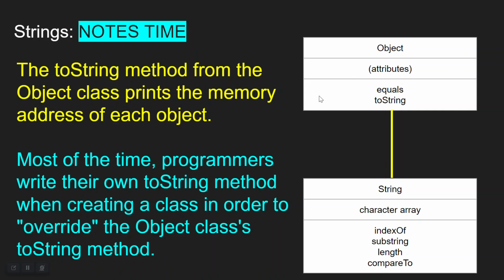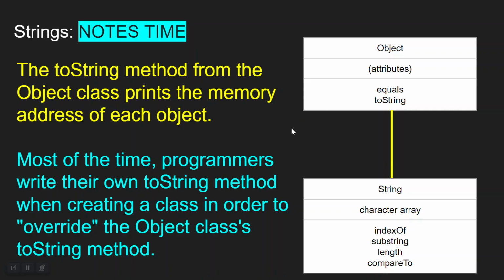So if you create a class and you don't give it its own unique toString method, and you print the name of an object, it's going to return the memory address of that object. And that's not very useful information for us. So most of the time, programmers will write their own toString method when creating a new class in order to override the Object class's toString method.